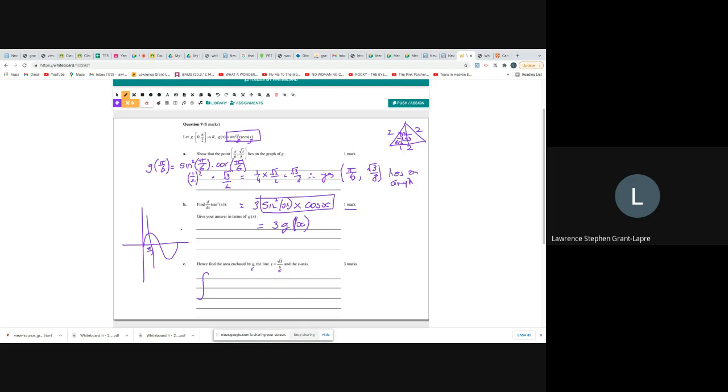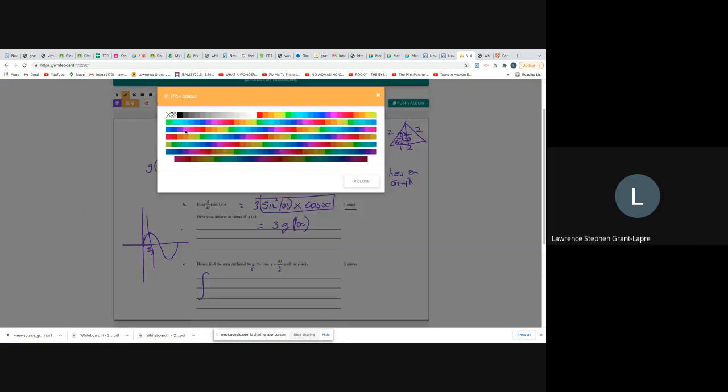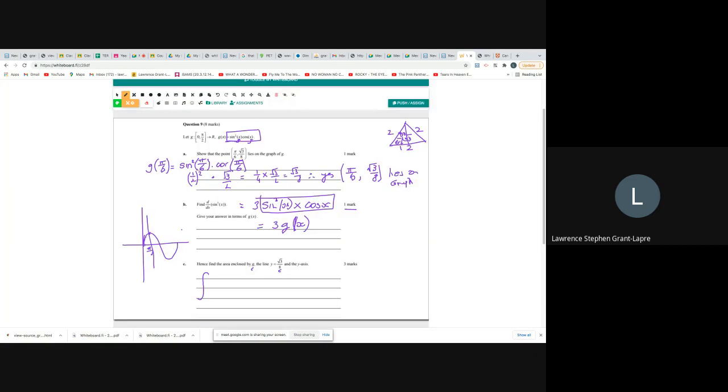Square that, sine squared, so we square that height. 1 squared is 1. It's going to be a very strange curve because a fraction of a fraction goes under it.